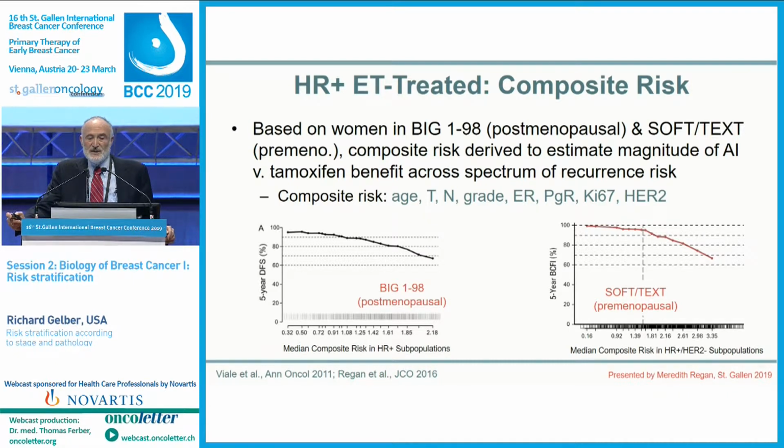The composite risk was used for the BIG 1-98 study in postmenopausal patients and SOFT and TEXT in premenopausal patients. The composite risk uses age, T, N, grade, ER, PGR, Ki67, and HER2. And you can see on the vertical axis, 5-year disease-free survival, or 5-year breast cancer-free interval, and on the x-axis, the composite risk score for the median subpopulations.